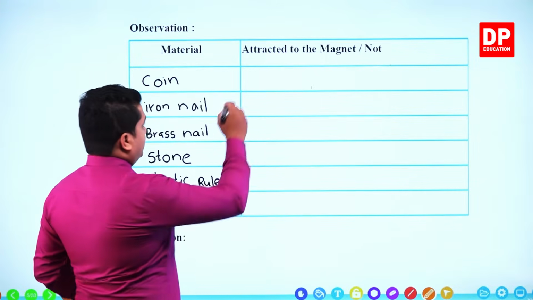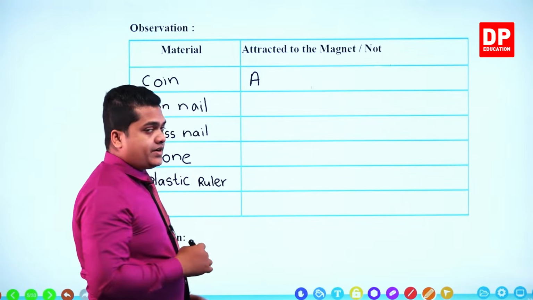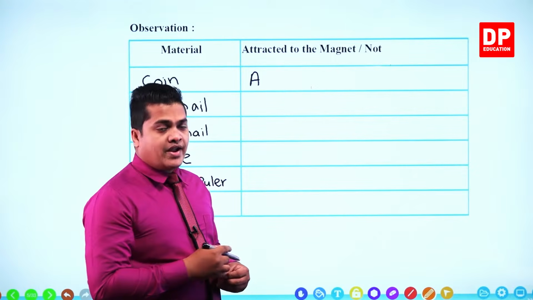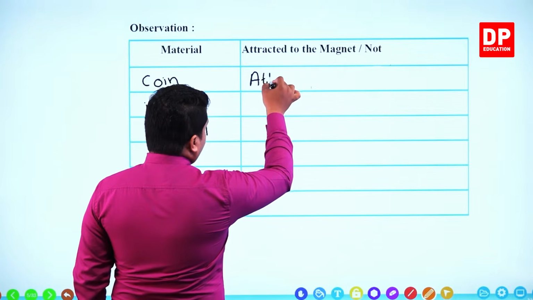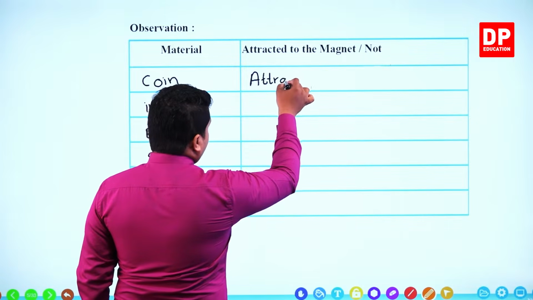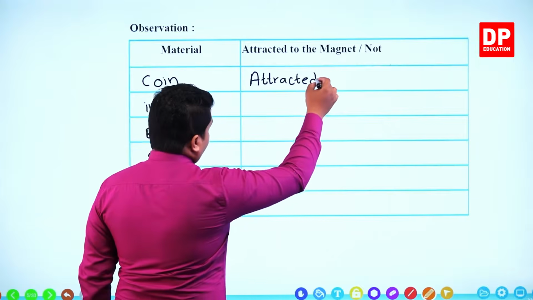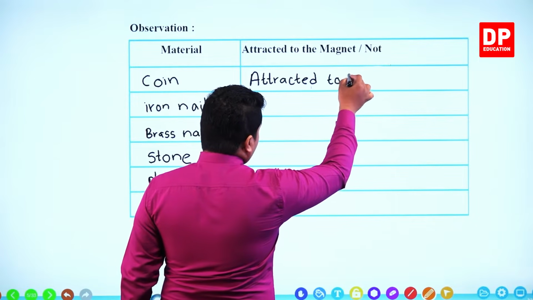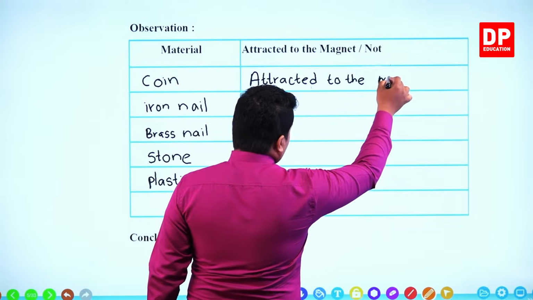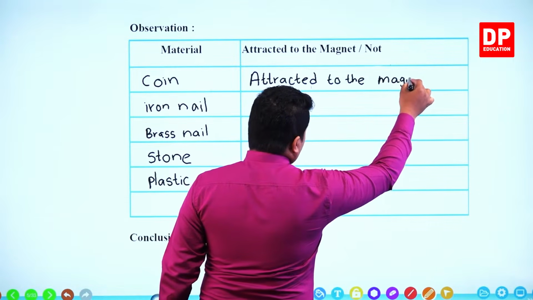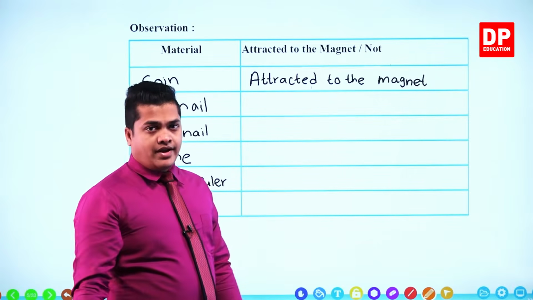So the coin, you could observe that the coin was attracted to the magnet.